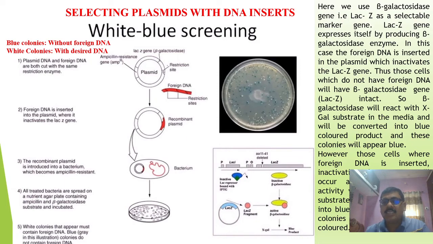The foreign DNA is inserted in the plasmid, which inactivates the LAC-Z gene, and thus those cells which do not have the foreign DNA will have the beta galactosidase gene intact. That beta galactosidase will react with the substrate used in the culture media, and that substrate is X-gal.